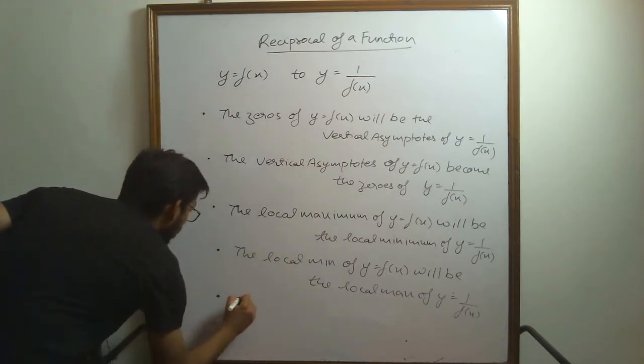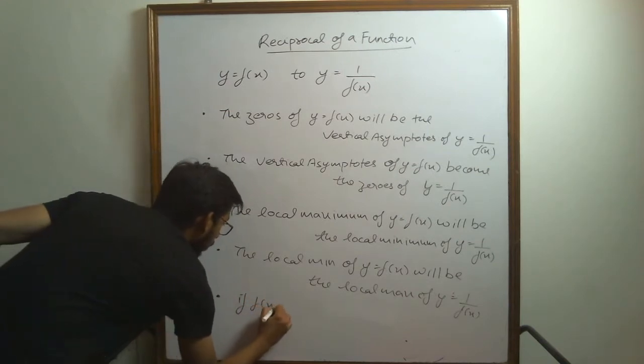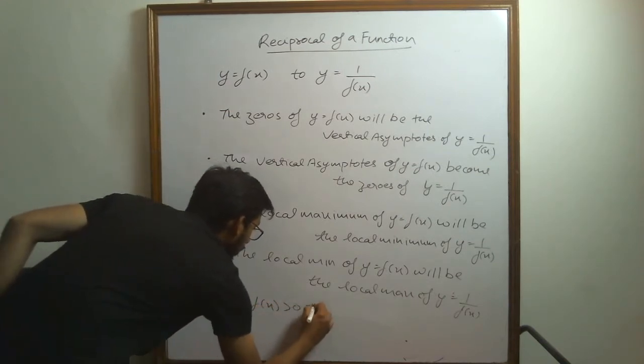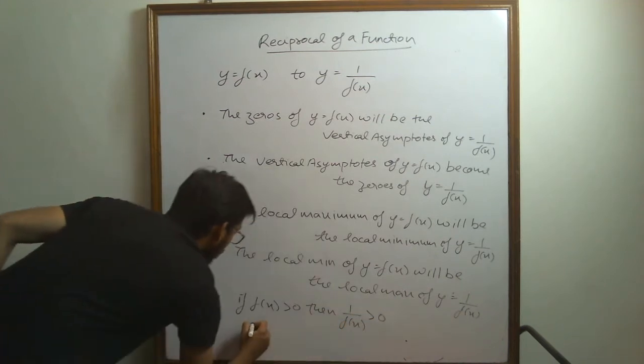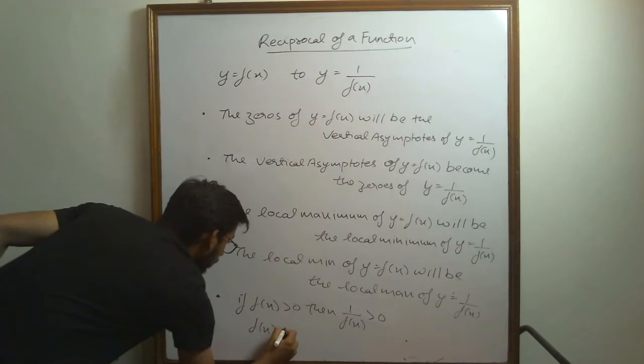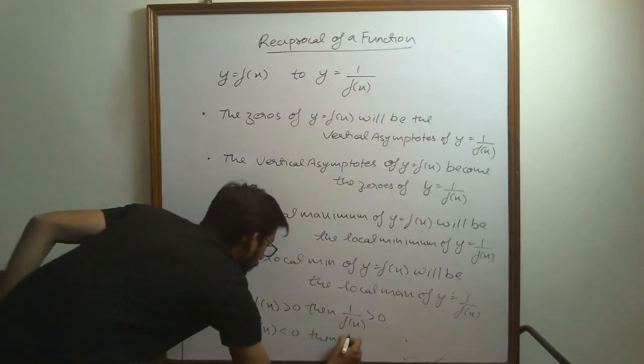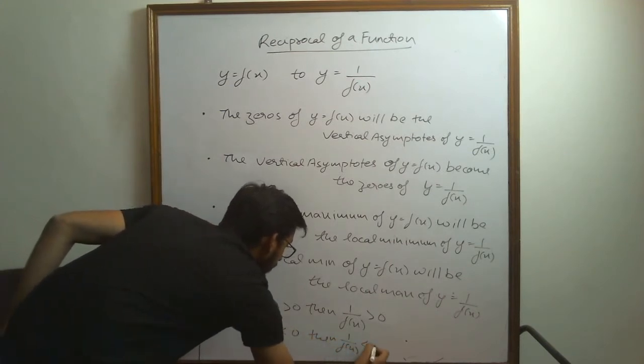Fifth point, if f of x is positive, then 1 upon f of x is also positive. If f of x is negative, then 1 upon f of x is also negative.